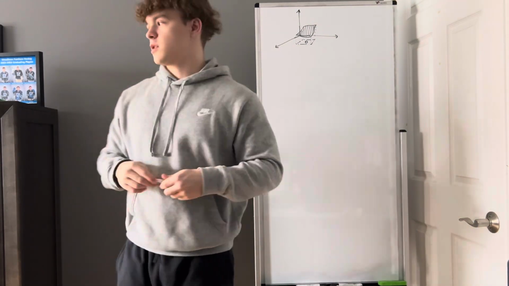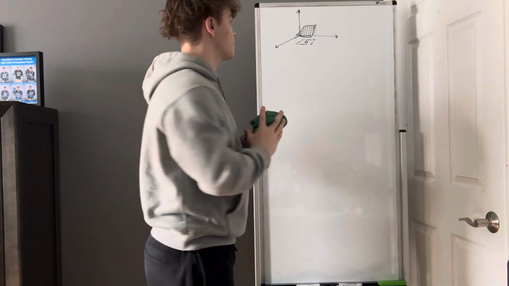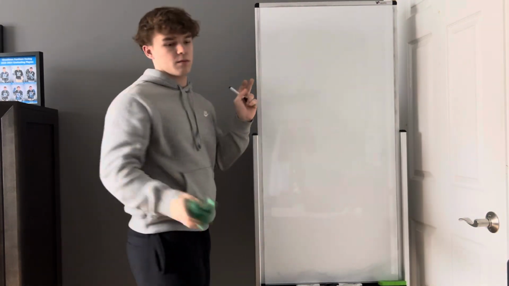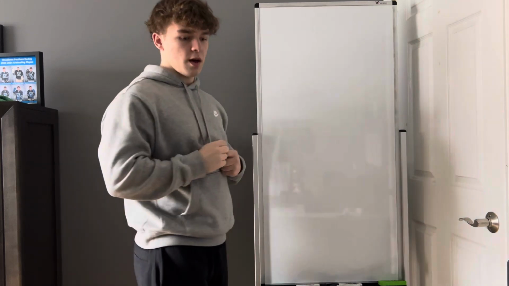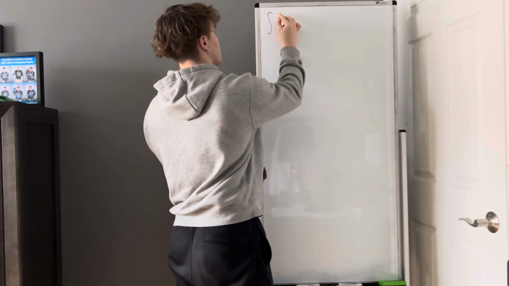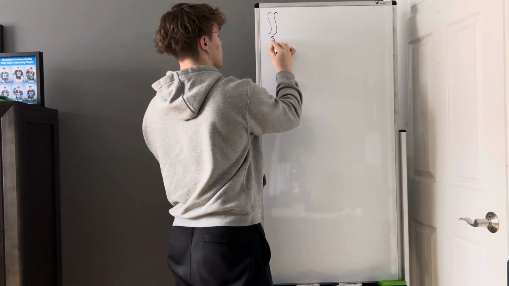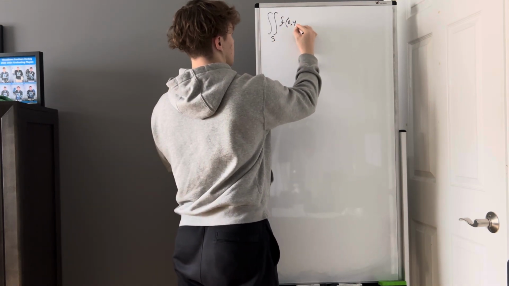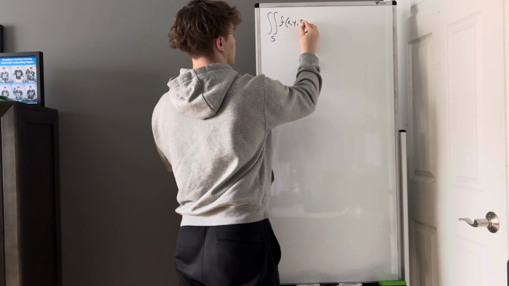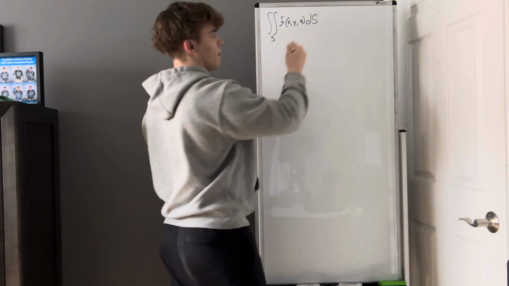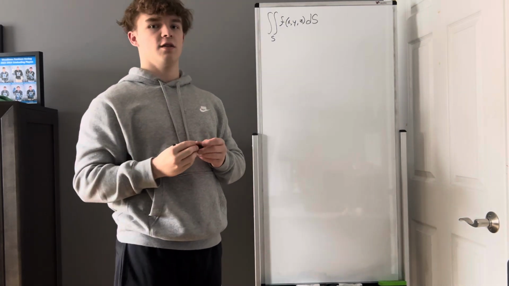So let's hop into some notation. A regular surface integral is denoted by the double integral over S of our scalar function with respect to a small section of surface.